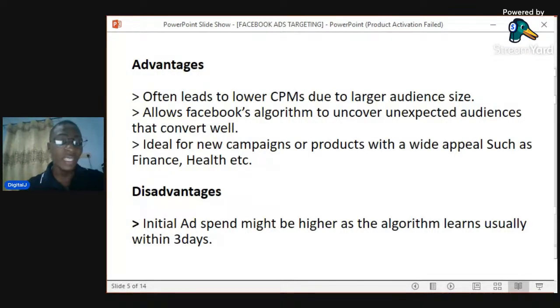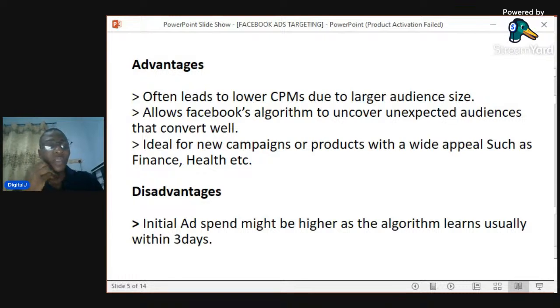Okay, so like I said, anything that has advantage has disadvantage. So, disadvantages of using broad targeting. One, initial ad spend might be higher as the algorithm learns, usually within 3 days. Now, remember that I told you that Facebook is going to do the work for you. Facebook is going to be the one to find out which persons within this location and within this age range will be interested in your services, your products or your offers.